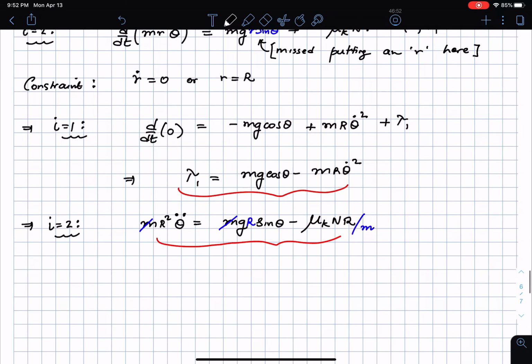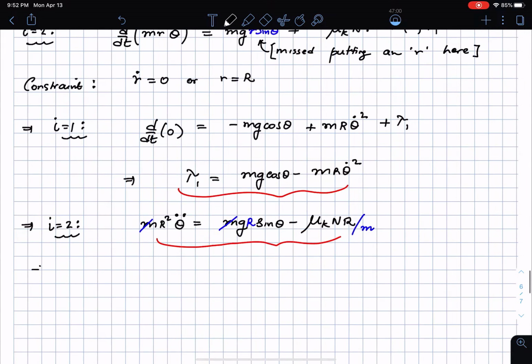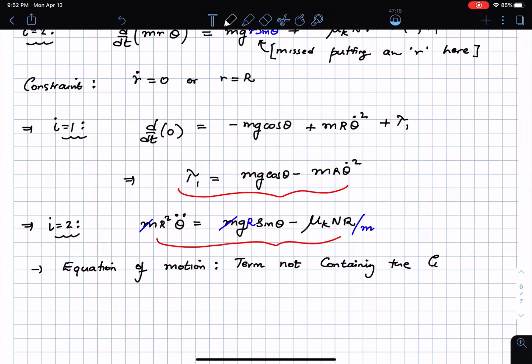Okay, and so my equation of motion, what should be the equation of motion? The equation of motion does not contain the constraint forces, so that's going to be the theta double dot thing. The equation of motion is the term not containing the constraint force, and that essentially is that.